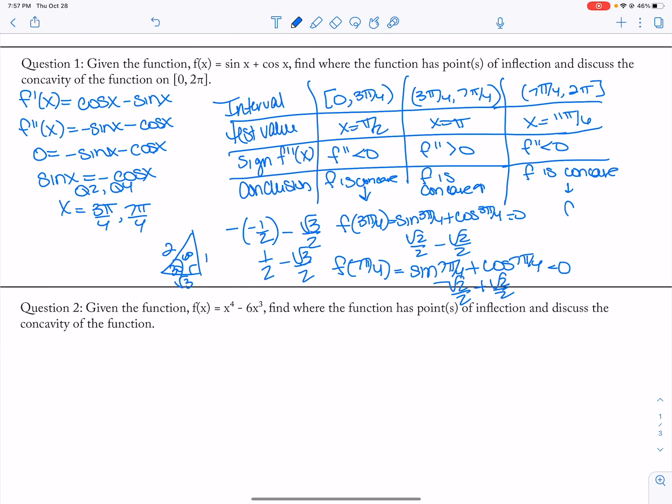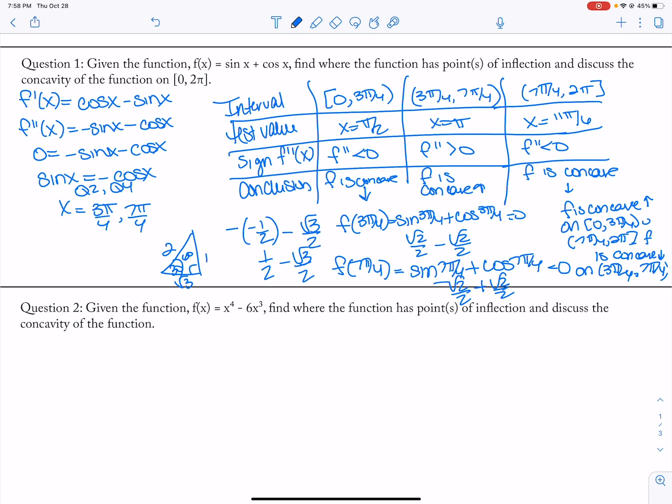So f is concave up on 0 to 3 pi over 4, union 7 pi over 4 to 2 pi, and then f is concave down on the interval from 3 pi over 4 to 7 pi over 4.